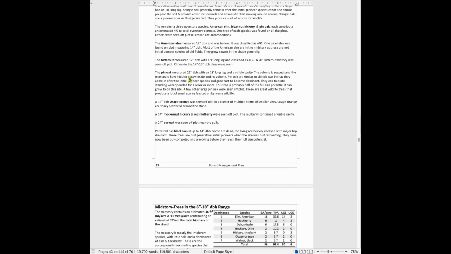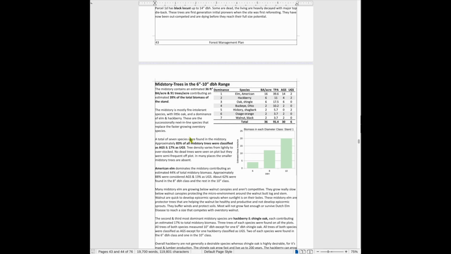I do that for all the overstory species, and I even include species that we're seeing off the plot. So these did not make it into the data, but they do exist. And that's one thing that I really try hard on, paying attention between the plots and getting a complete picture of what's out there besides what was just seen on the plot.